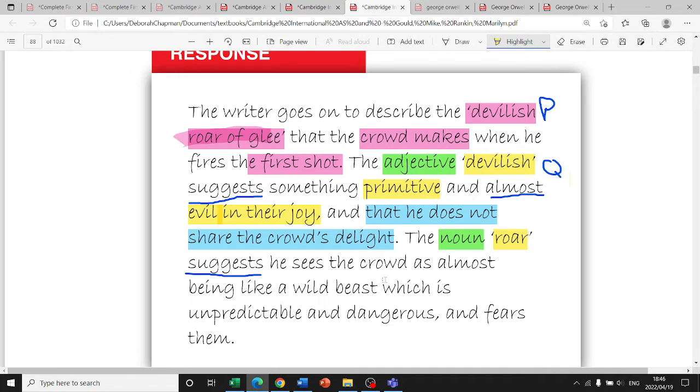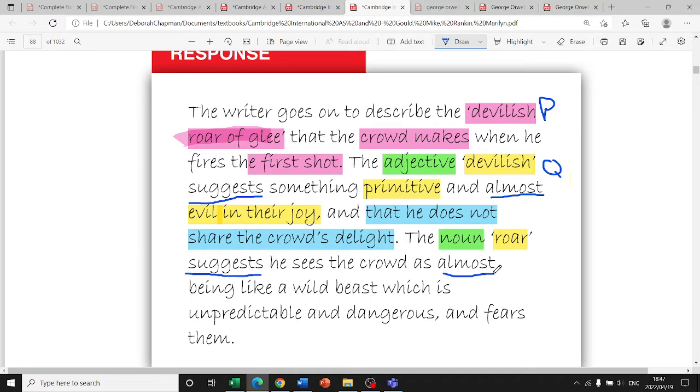So the noun raw suggests he sees the crowd, suggests there again. So now that focus is on the crowd, it suggests that he sees the crowd as almost, look at that, it's a copy. He's kind of copying the same thing again.